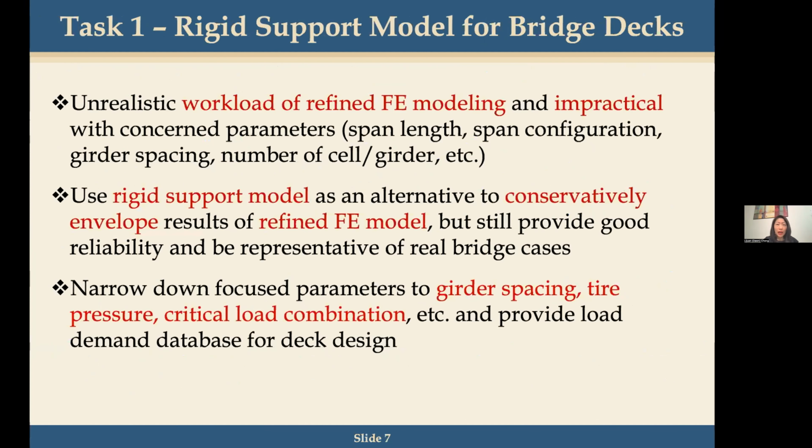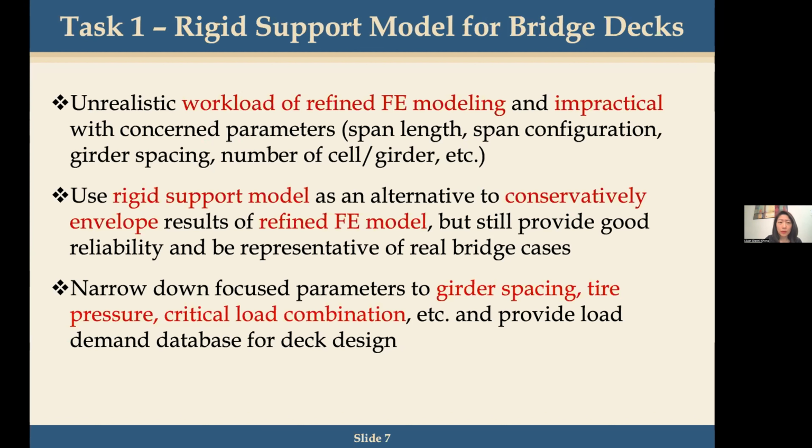With the finite element model, as you can imagine, three-dimensional analysis of an entire bridge, considering all sorts of configurations, is a very challenging task. It also causes a very unrealistic modeling workload, which is often impractical when considering many of those configurations.